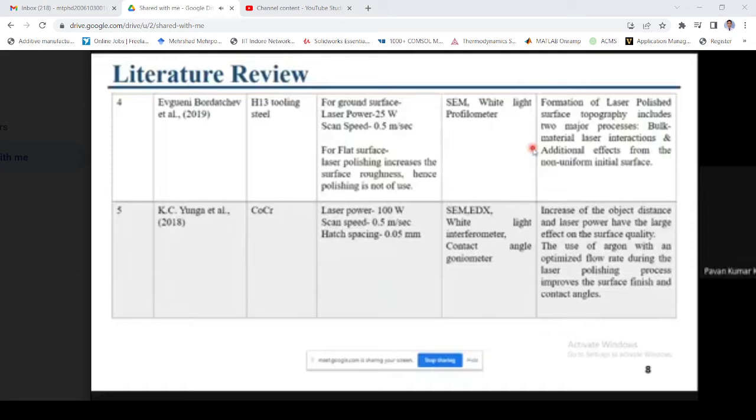Poonam, can you remember that I suggested something in the last presentation regarding authors' details, how to write them? Yes sir, write only the last name. Then why is the first name there?